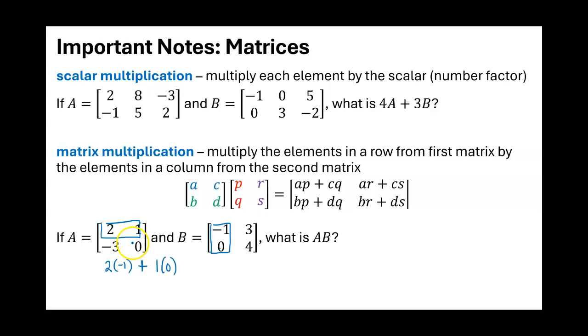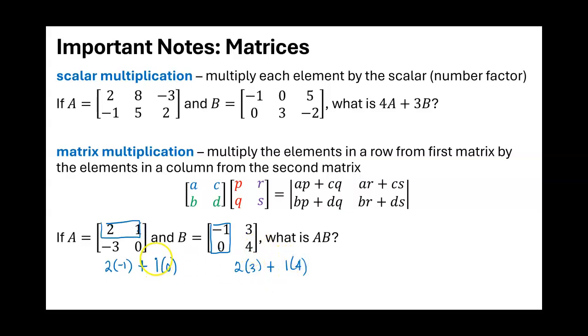Now for the second column, you multiply 2 times 3 plus 1 times 4.